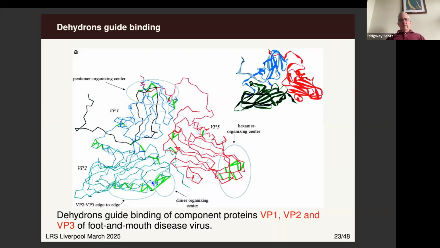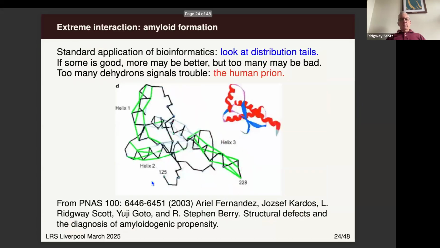But that was another test that we knew had to be passed for us to really believe that dehydrons could be involved in protein interactions. And then one more test was to ask, what is the extreme? What if a protein has almost all dehydrons, almost no strong hydrogen bonds?